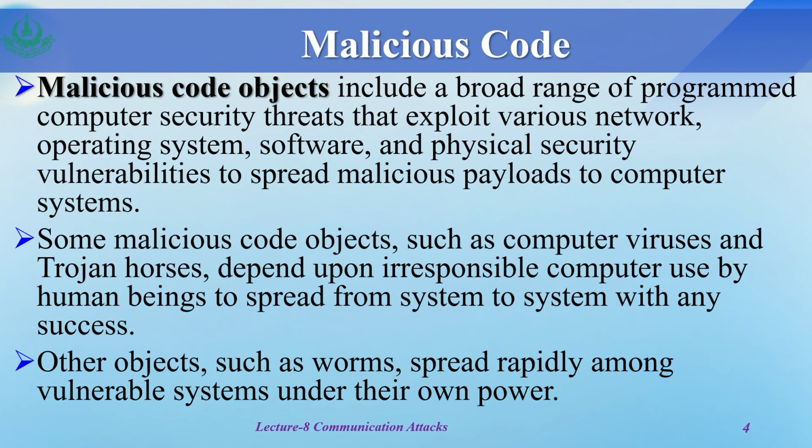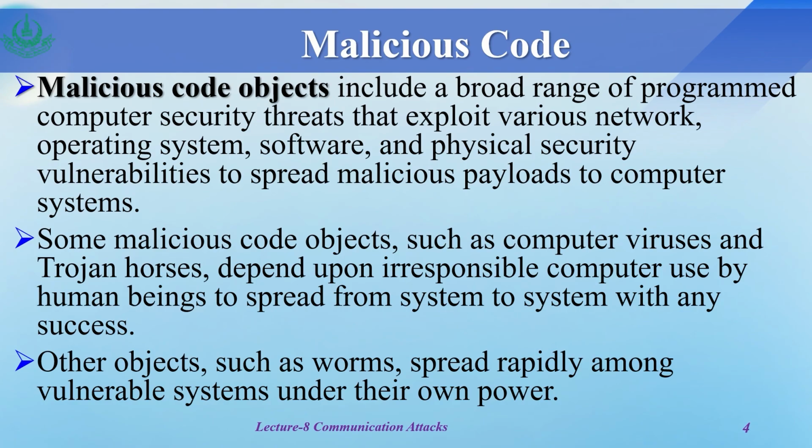Malicious code objects include a broad range of programmed computer security threats that exploit various network resources, information system resources, software and physical security vulnerabilities to spread a malicious payload to computer systems.